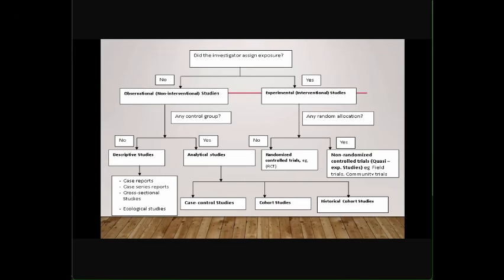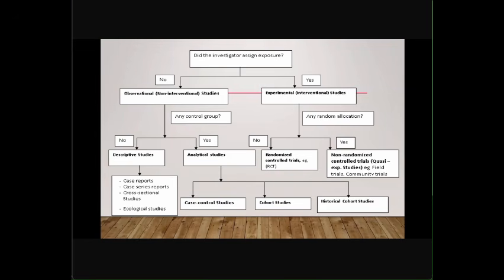Among these, the highest is the randomized control trial, which is higher than the non-randomized, which we also call quasi-experimental studies.